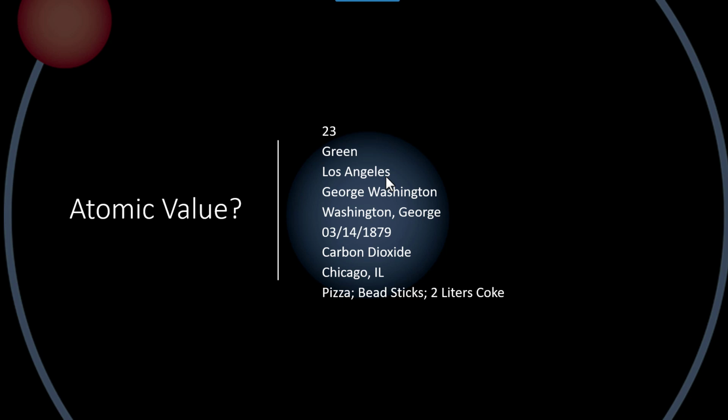Now, where we can get into some debate on whether something's an atomic value or not would be like a name. So let's take a full name like George Washington. Would you consider that an atomic value? Now, in my mind, depending on the use, I may be happy with just having full name for simplicity's sake, but I think for ultimate flexibility in the database, I'd be better off having a first name field and a last name field, because this would allow me to sort the information, right?